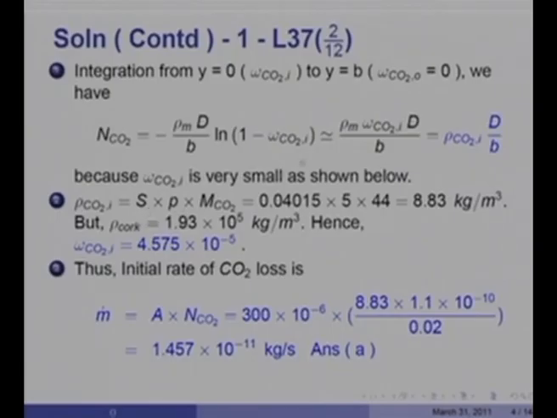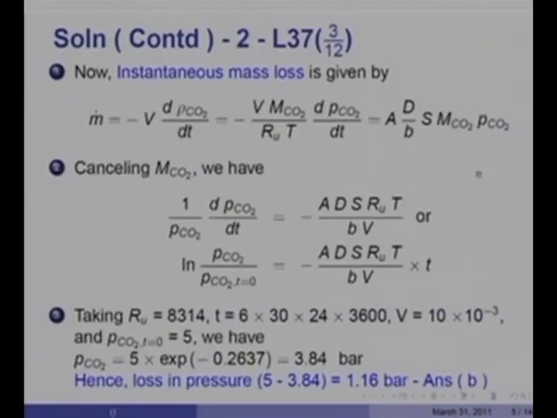What we want, rho CO2 I, is going to now vary with time, and therefore, that would also equal S into m CO2 into p CO2. So, this is what you get.